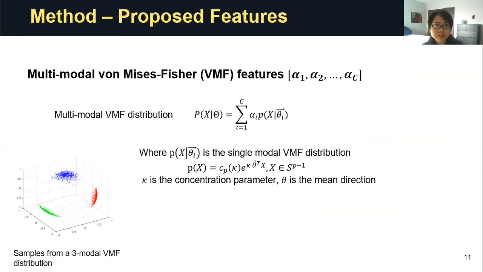We propose three novel features in this work. The first one is a multi-modal von Mises-Fisher feature. The multi-modal von Mises-Fisher distribution is, intuitively speaking, like a Gaussian distribution on a 3D sphere. For example, in the lower left corner, we can see samples from a 3-modal VMF distribution.